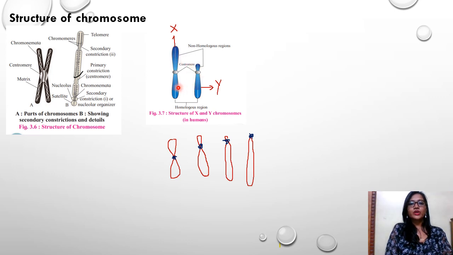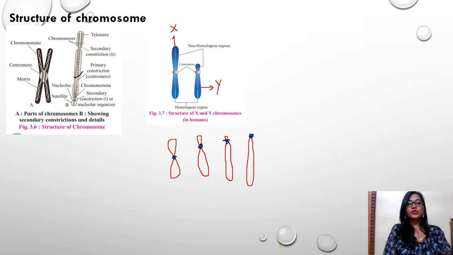Crossing over is possible only in the homologous regions, which are morphologically and genetically the same. The non-homologous region of the X chromosome contains more genes than the Y chromosome, and it contains X-linked genes, while the non-homologous region of the Y chromosome contains Y-linked genes. Why these X-linked and Y-linked genes are present, what their functions are, and the kinds of linkages, all that we are going to study in the next lectures.